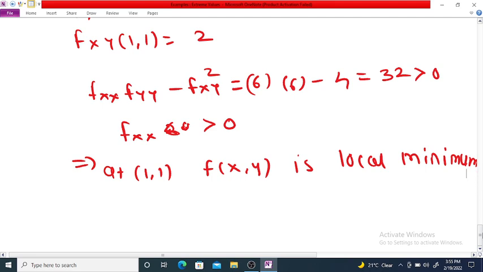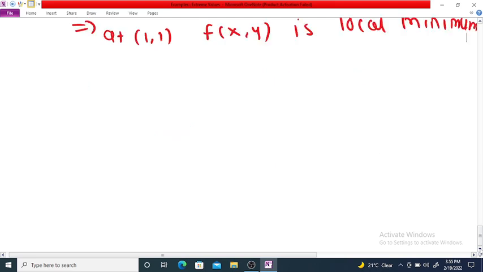Next, example number 3, using Lagrange's multiplier.